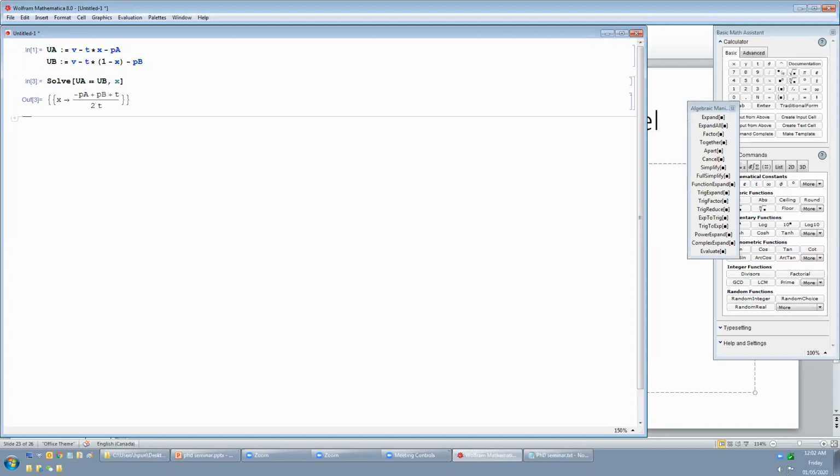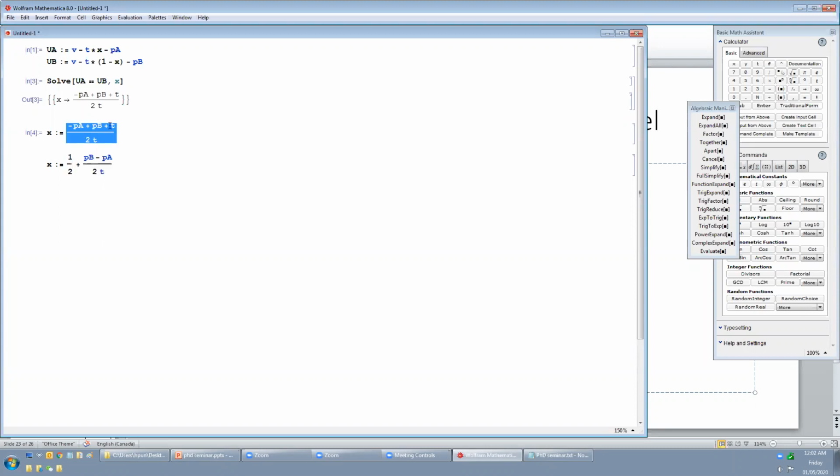If you solve this, you would find it looks something like this. Let me try to write it in a nicer way. So this function and this function are the same.